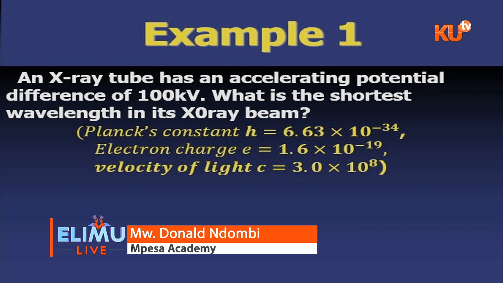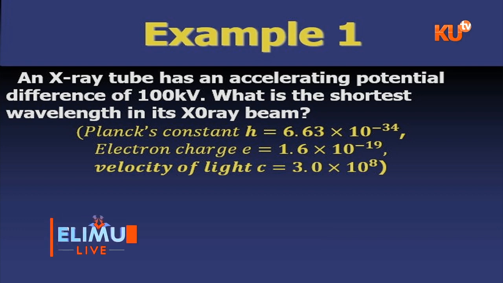What is the shortest wavelength in its X-ray beam? Then what are you given? You are given Planck's constant, you are given electron charge, and you are given velocity of light. So in that example, just note down what you are given. One more minute there.